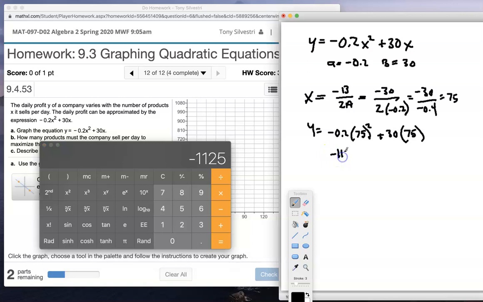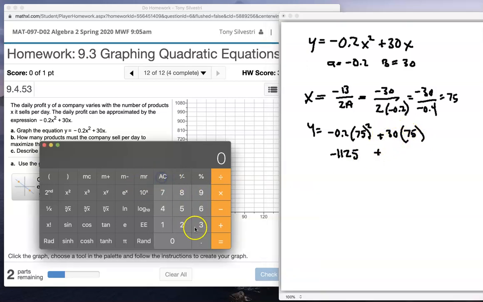Negative 1125, plus, now you've got to multiply these two numbers. You've got to do your multiplications before you add. Let's clear it. 30 times 75 equals 2250.